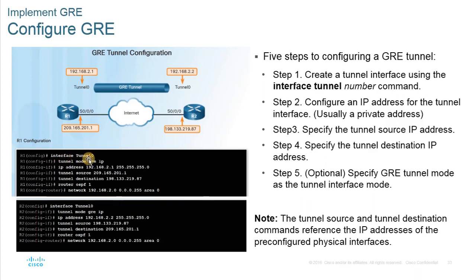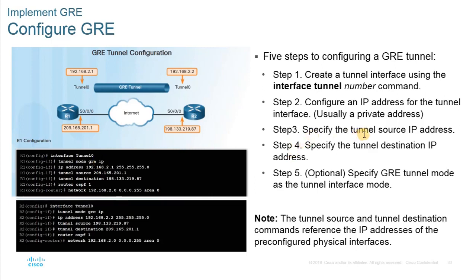Step 2, configure the IP address for the tunnel interface: 192.168.2.1 for tunnel 0. This is /24. Before that, we have the tunnel mode GRE IP command.